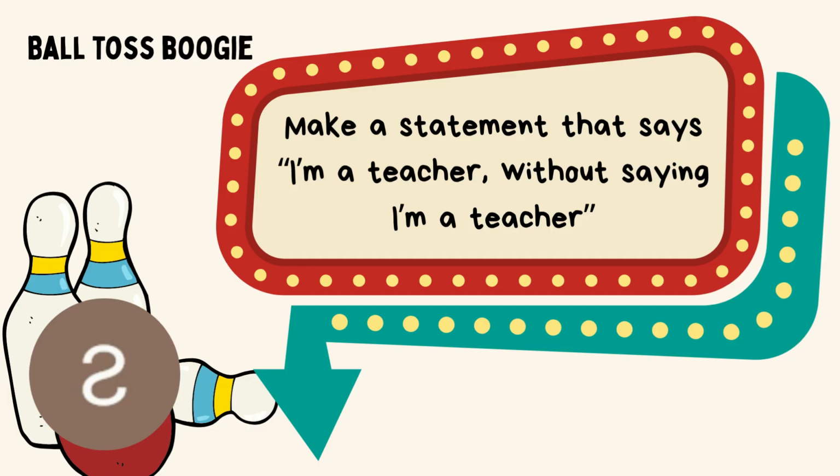So, the very first strategy that I wanted to share with you all is Ball Toss Boogie. It is on the very first playlist, Movement and Discourse. And this strategy is phenomenal for any point in your unit. You can ask students a question or a concept.